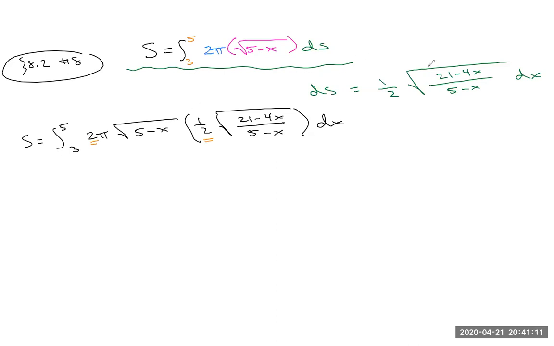And then the pi can come outside of the integration. So S equals, you have pi, bounds 3 to 5. We have root 5 minus x. And then we have root 21 minus 4x. We could essentially split this root. You wouldn't have to if you didn't want to write it that way, but it's going to cancel out in the next step.